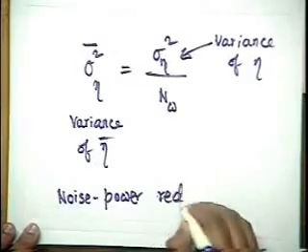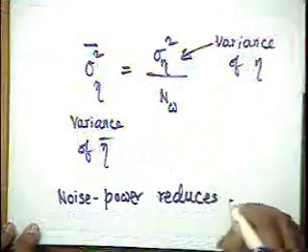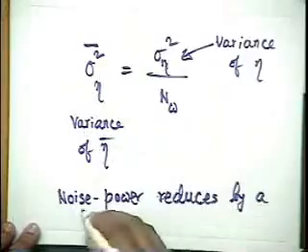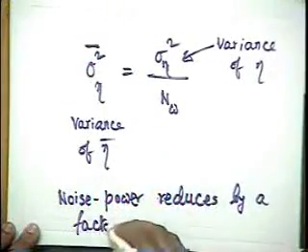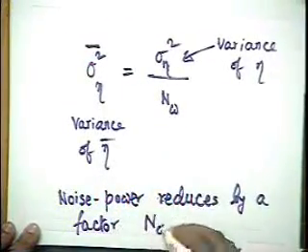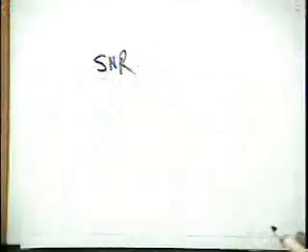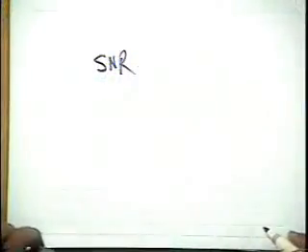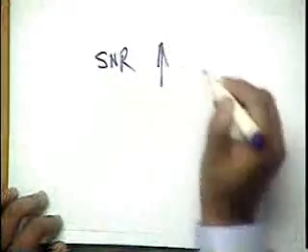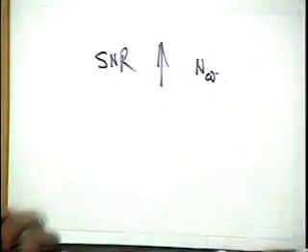As a result of that, the signal to noise ratio, which we call the SNR, goes up by a factor NW. Is that clear? So obviously we are reducing the noise.